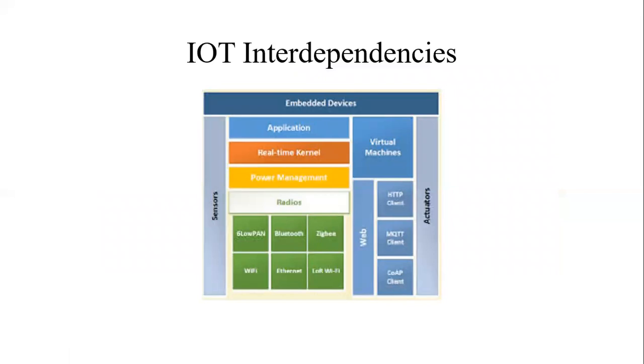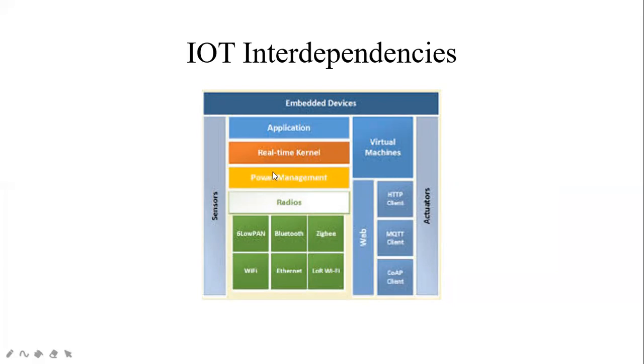Next is your IoT interdependencies. So what is it basically? You know already about your sensor and your actuator, but there are so many things between the sensor and actuators, right? What type of things are there? There will be some application layer, some operating system, and some power management.